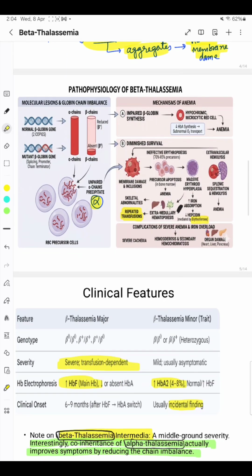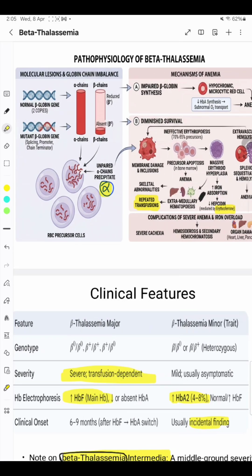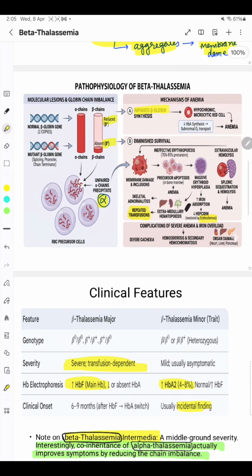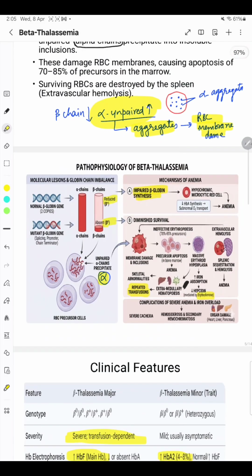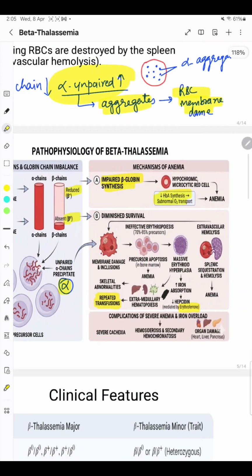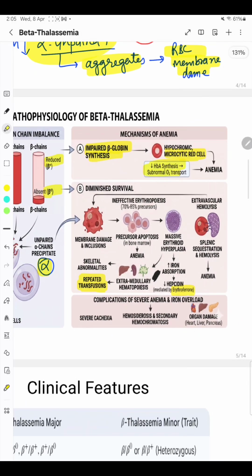Now, as we have discussed the pathophysiology, which is depicted in this diagram, alpha is normal and beta chain is reduced or absent. So impaired beta globin synthesis will result in decreased HbA synthesis and development of microcytic hypochromic anemia.